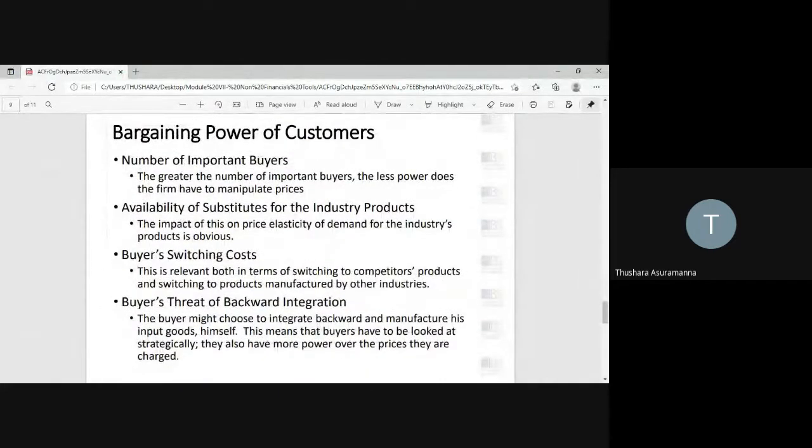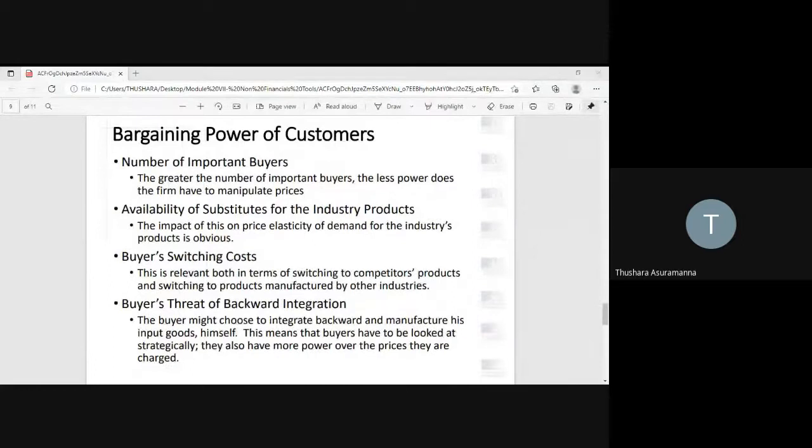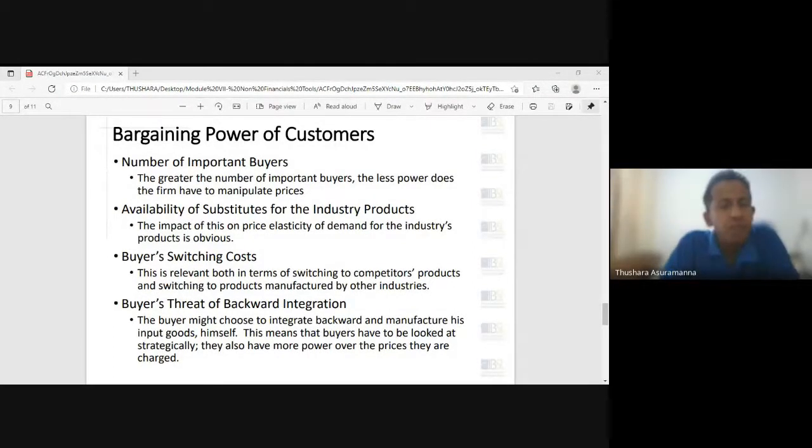Bargaining power of clients, customers. What is that? That's the other side of the story. Supplier, manufacturer, customer. You produce, you sell to a clientele, and now you try to see whether the bargaining power from the customer is low or high.